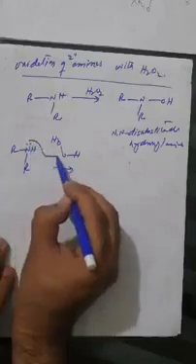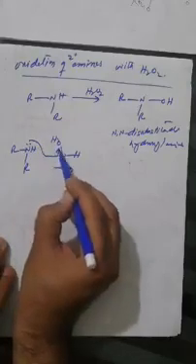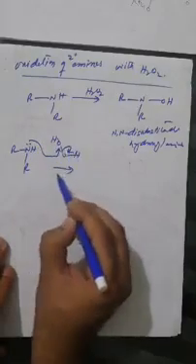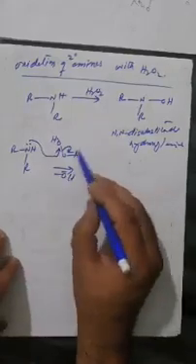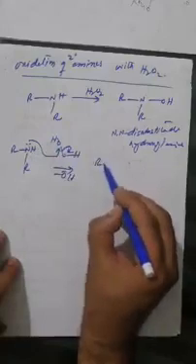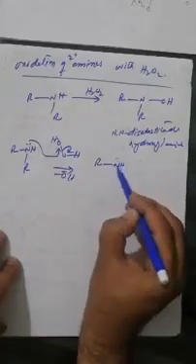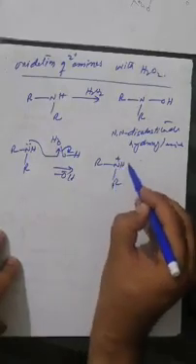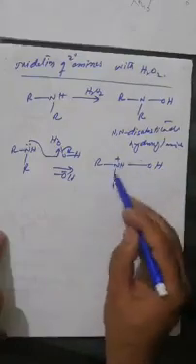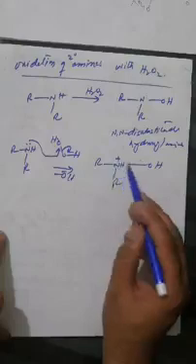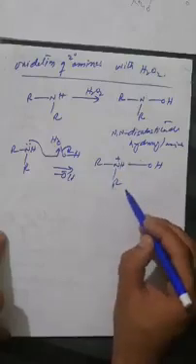Amines are good nucleophiles. They react here and this bond moves here. Hydroxide ion leaves, leaving a positive charge and the OH. These species are unstable because nitrogen is having a positive charge.